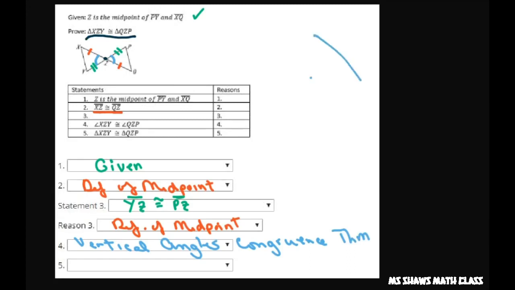Just remember, when you have intersecting lines, these two angles will be congruent, and these two angles would be congruent. So that's just your vertical angles congruence theorem.